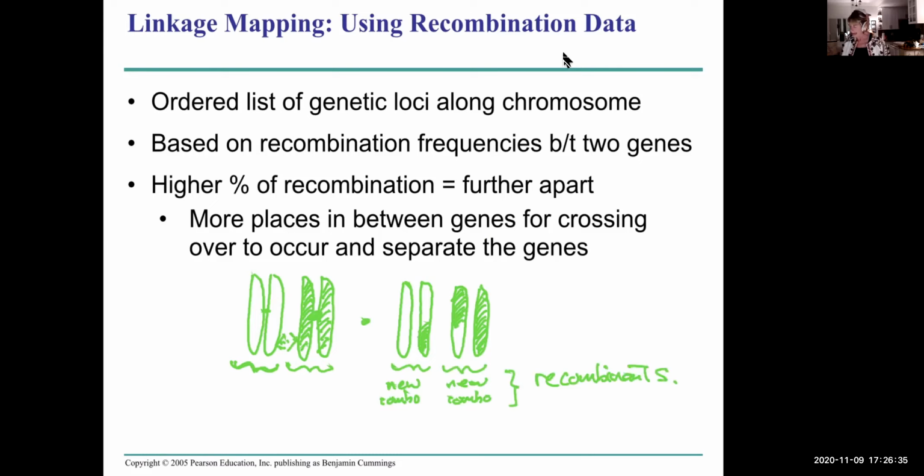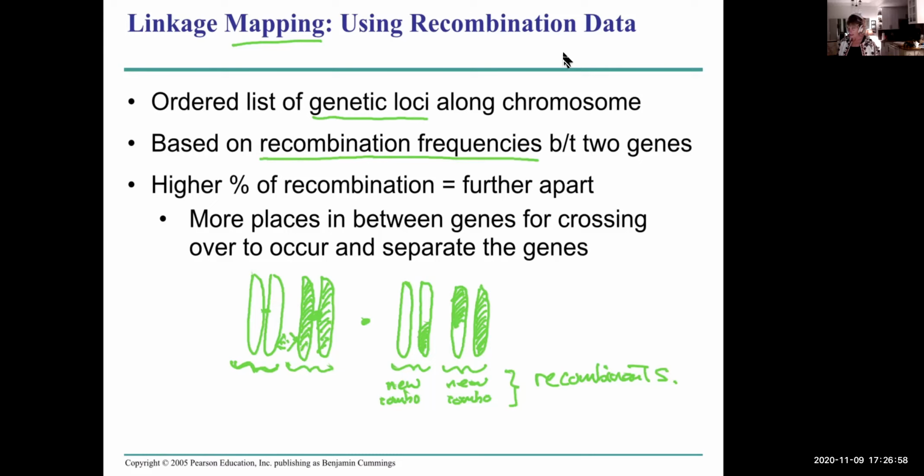So we can use that to map genes. We might know the genetic loci along chromosomes of lots of different genes, and based on recombination frequency between the two genes, we can tell if they're close together or further apart.